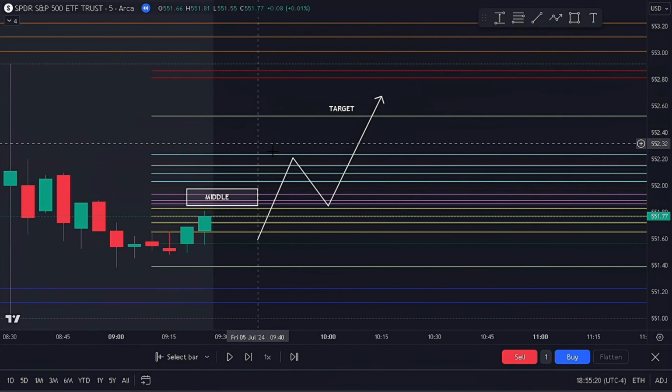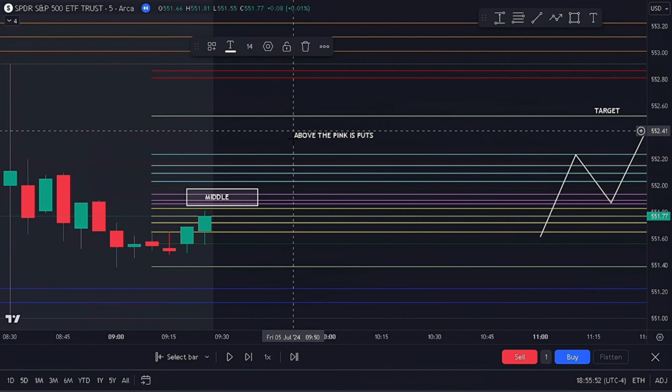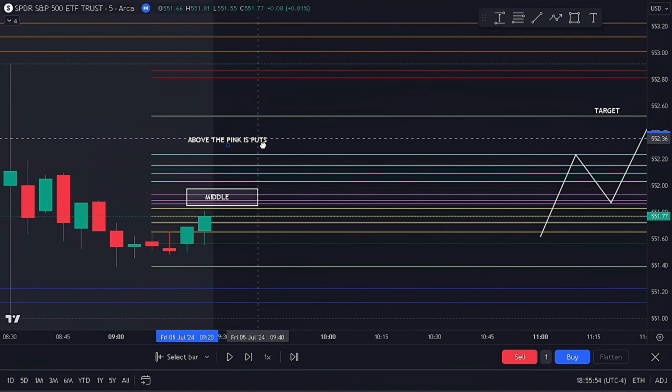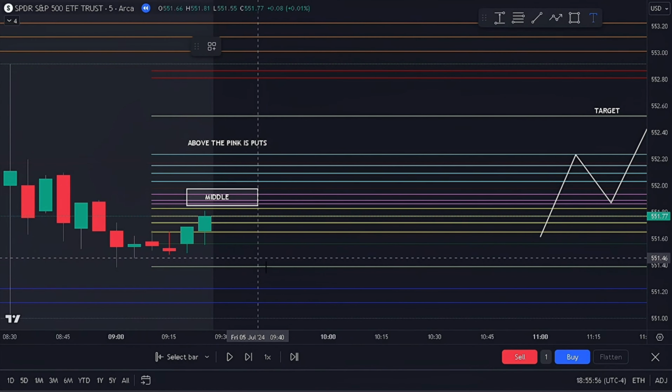Anything above the pink is going to be puts. So above the pink is puts. Okay. And then the opposite for below. Below the pink is calls. Okay.